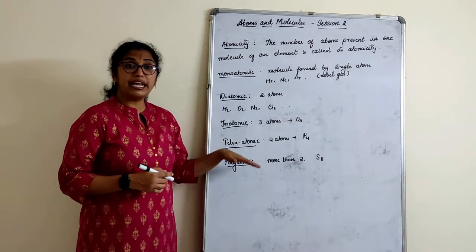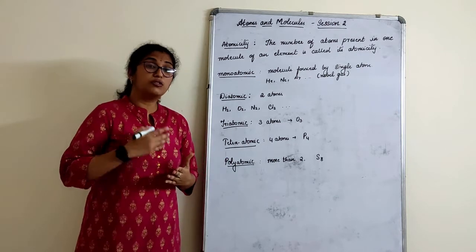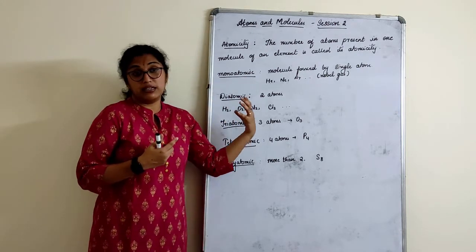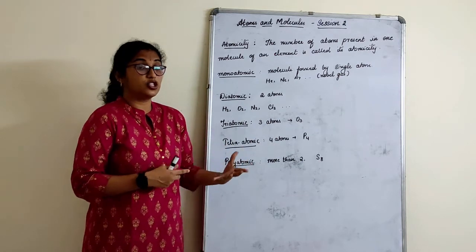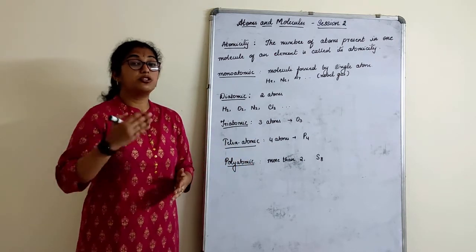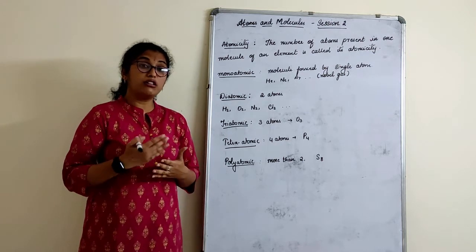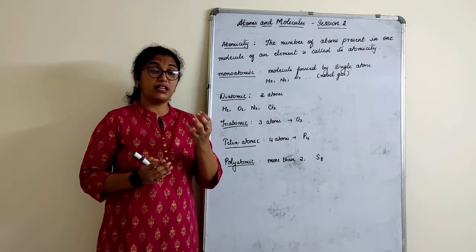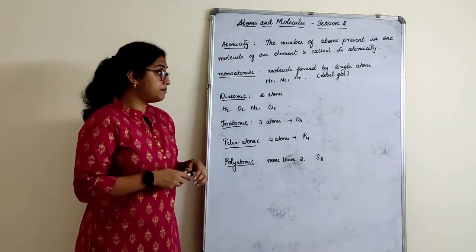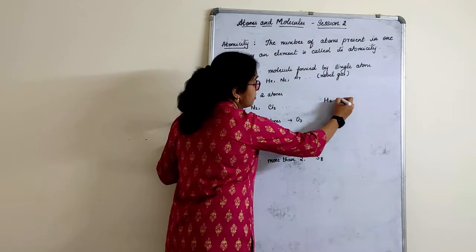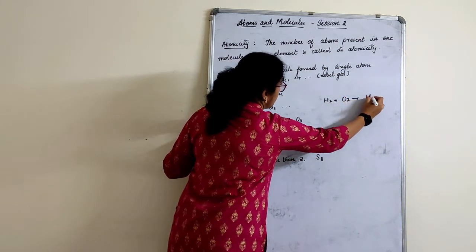So with this we end today's session. Session 1 and session 2 are equally important, but tomorrow's session is very, very important, where we also learn how to form a chemical compound. For example, we know that hydrogen combines with oxygen, so we get water, H2O.